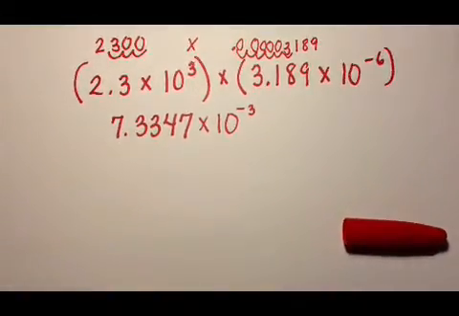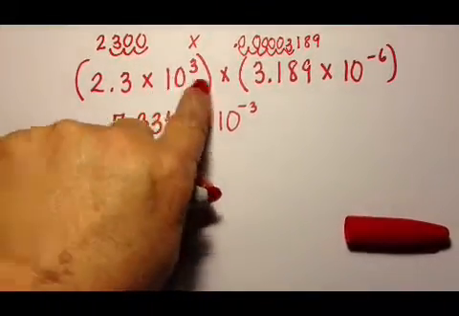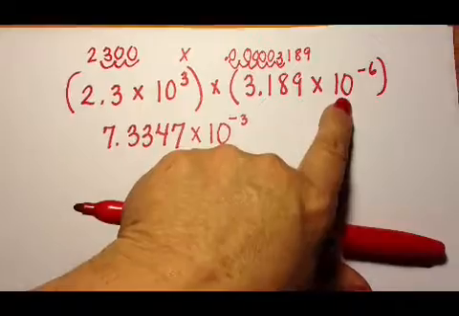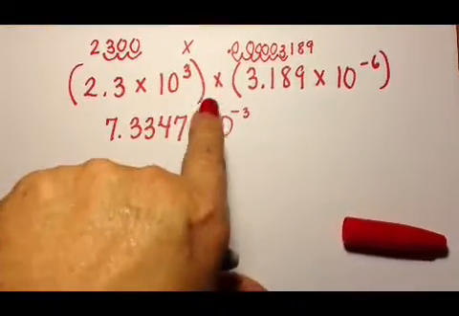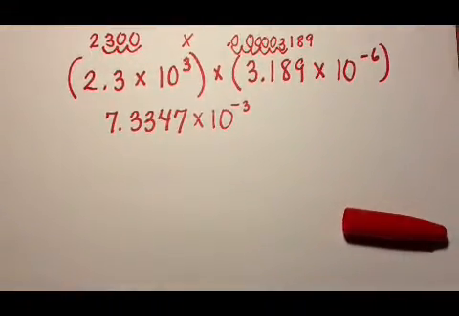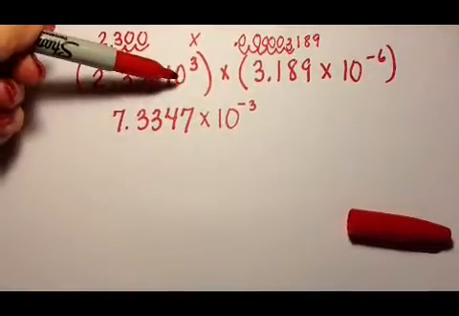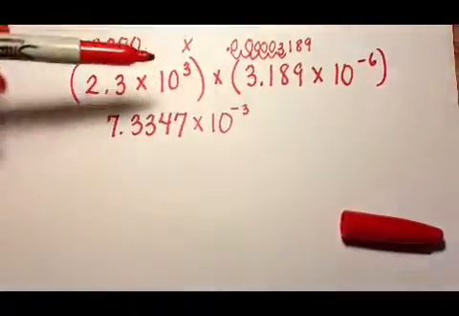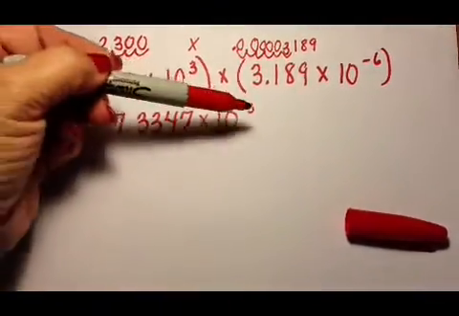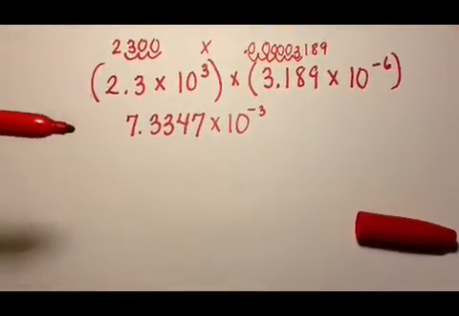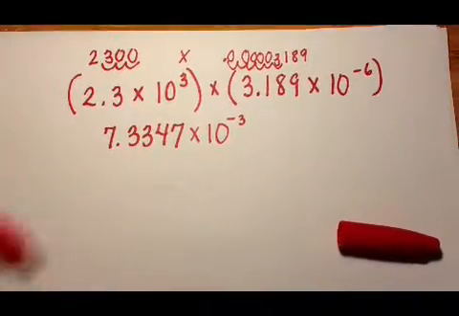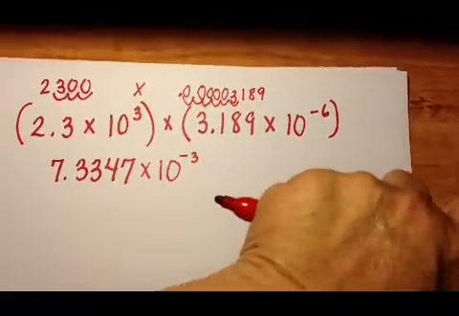Then I'm going to use my rules for exponents because I have 10 bases to two different powers and they're multiplied, so that means that I can add my exponents. So 10 to the negative 6 and a positive 3 gives me a negative 3. So when I multiply, I actually get that number right there.